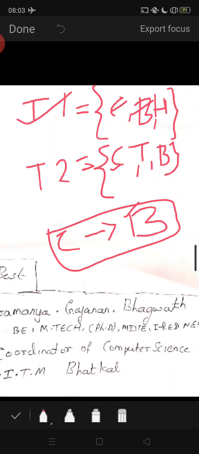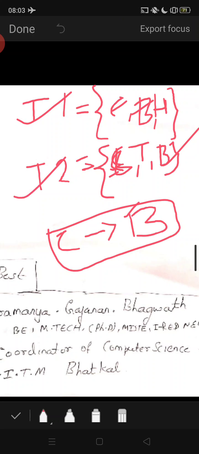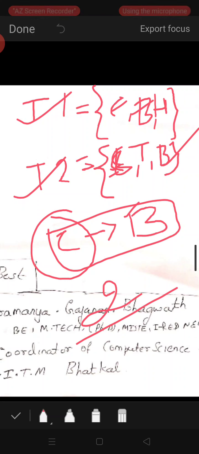Two times. So two times B and C are available, divided by how many times C only is available? Two times. So it is 2 by 2, which is 1.